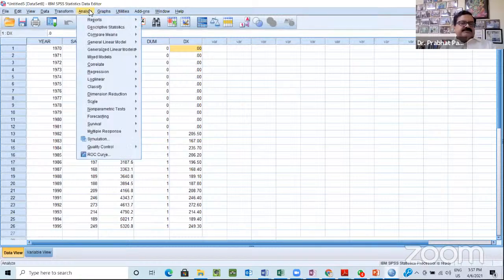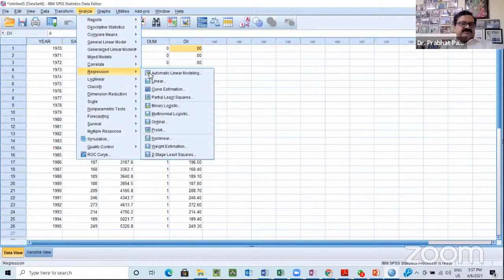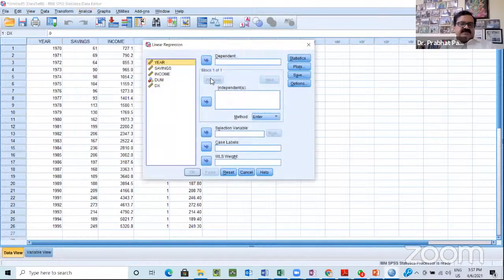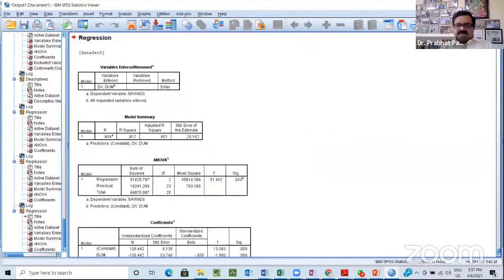Now we go to estimate the regression equations. We go to regression, we go to linear. We say, okay, the dependent variable is saving. So we are analyzing the saving behavior. And then we say, this is our dummy, beta 1. And then here DX, beta 2 for the interactive dummy. So these are the two we are calculating.